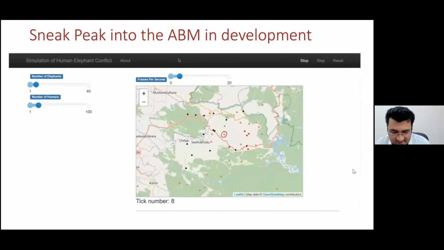So you can change the number of humans, number of elephants, and how they interact with each other in this agent-based model, and then try to impose policies. And see for different aggressive breeds of elephants or male elephants that come, all of these things, right? So how they interact with each other, when humans move, when can you even make a prediction, right?